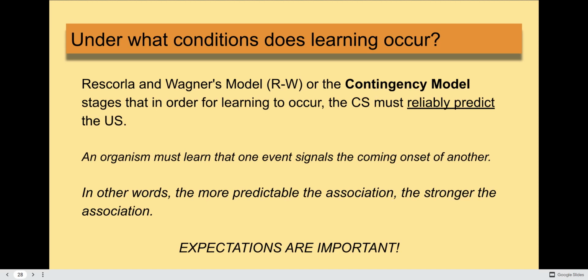Bell, food. Bell, food. So there has to be a reliable prediction that when the bell is rung, food is brought out. An organism has to learn that one event signals the coming onset of another. The more predictable the association, the stronger the association. So expectations are important.